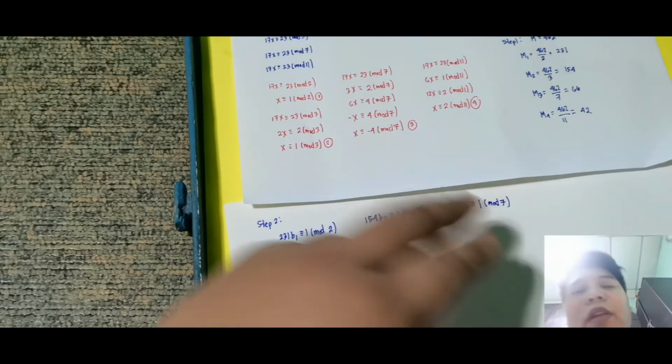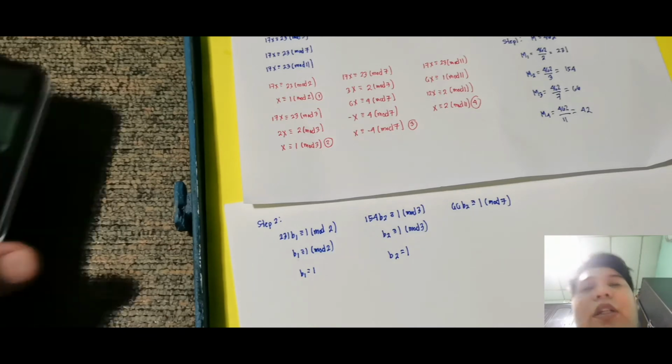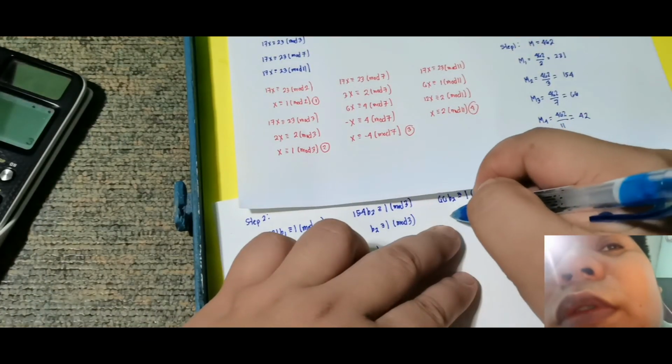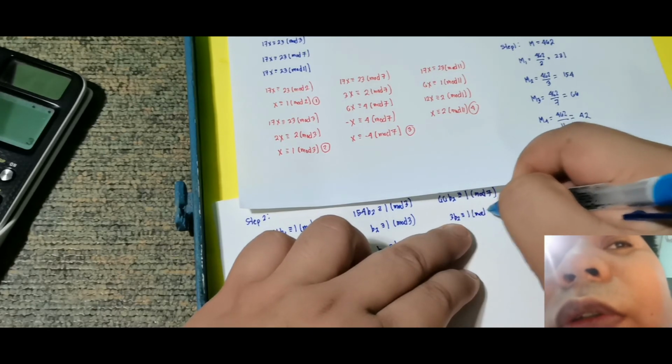Okay, next is 66 B sub 3 congruent kay 1 mod 7. Pag continuous kong dinivide, 66 minus 7, minus 7, repeatedly, that is 3. That is 3 B sub 3 congruent kay 1 mod 7.